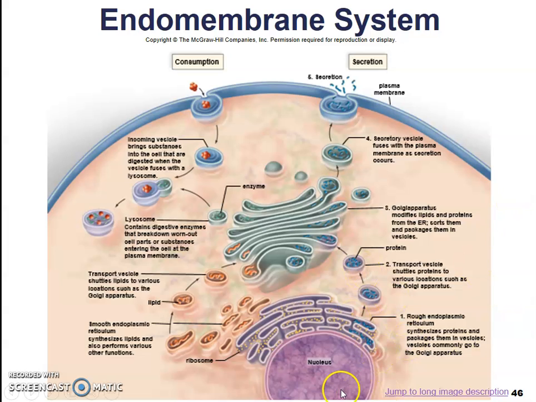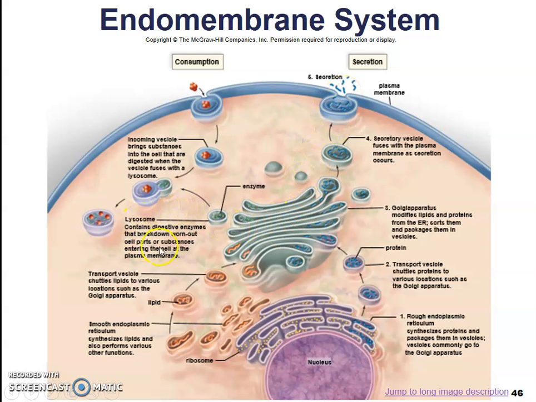So here we have a diagram, our nucleus with the nuclear envelope with the ER fused to it is creating vesicles, the smooth and the rough, the smooth over here, the rough over here, sends them to the Golgi apparatus where they are processed and shipped out.